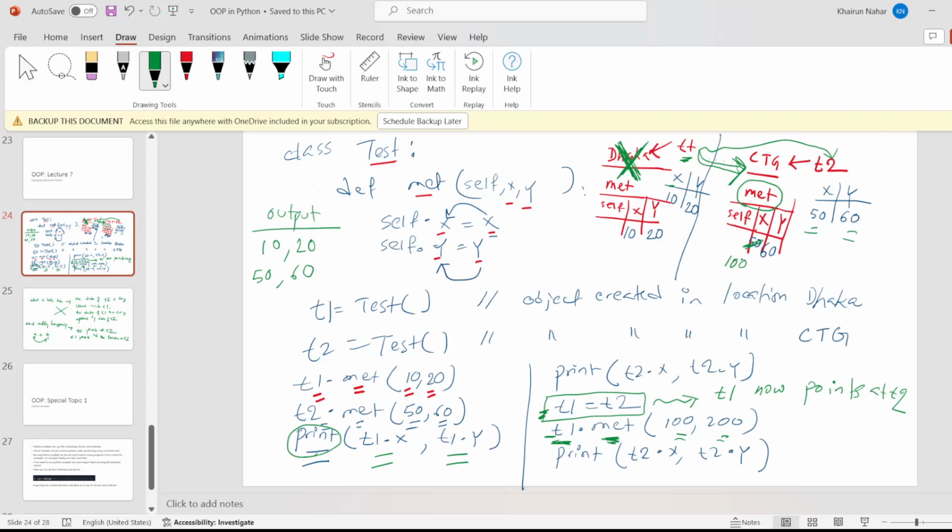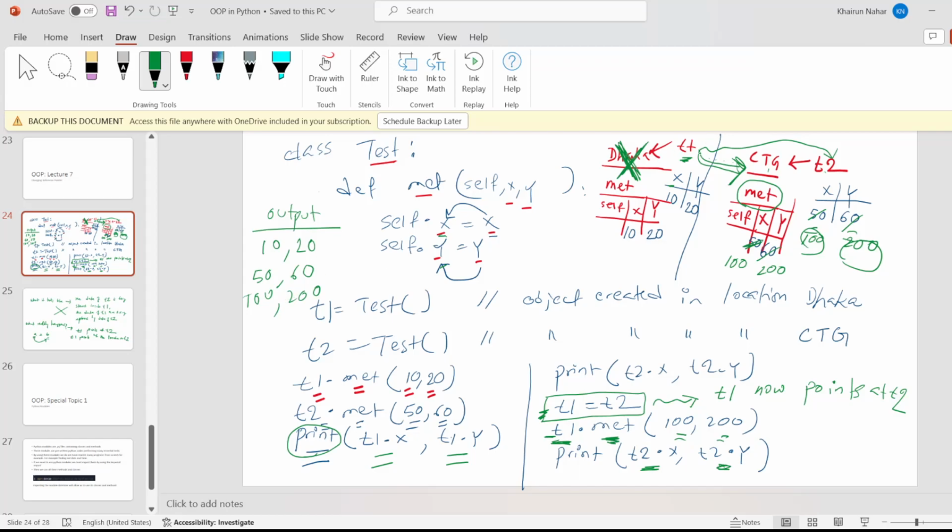So this will be 100, this will be 200, and according to the method, the global variables will have these values, so these values will be replaced by 100 and 200. And when I print t2.x and t2.y, t2 is also pointing at CTG, so these values will be printed. So we'll get 100 and 200 as the output.